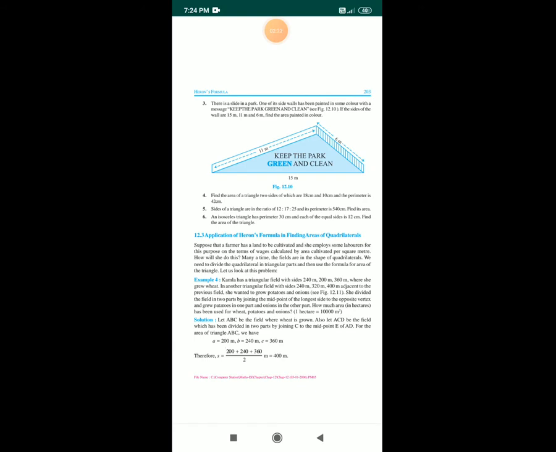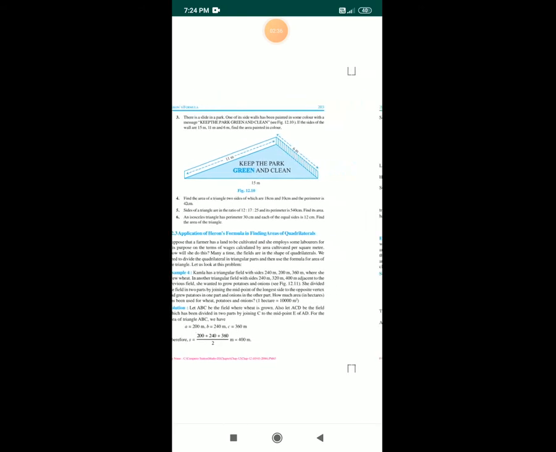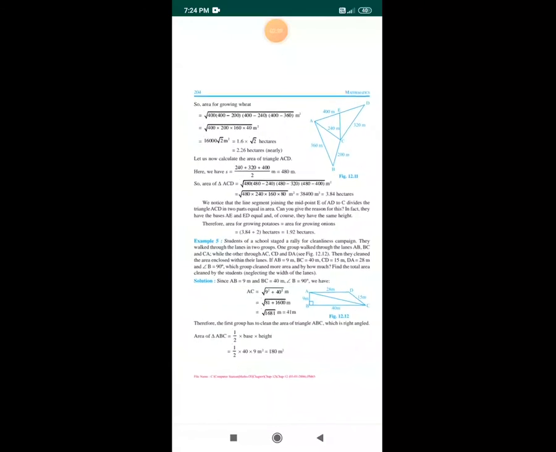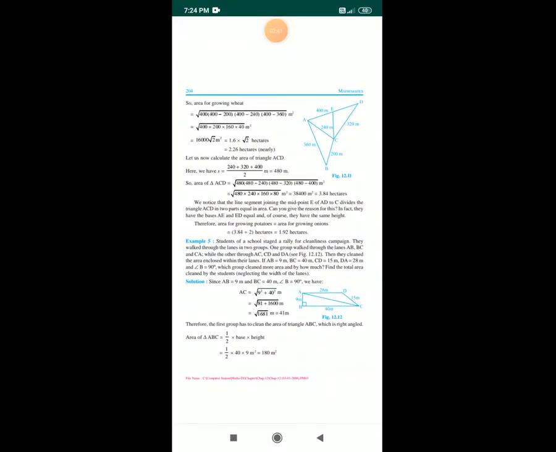b is equal to 240 meters and c is equal to 360 meters. Therefore, semi-perimeter s is equal to (200 plus 240 plus 360) divided by 2, which is 800 meters divided by 2, equal to 400 meters. So the area for growing wheat is the square root of 400 into (400 minus 200) into (400 minus 240) into (400 minus 360) meter square.